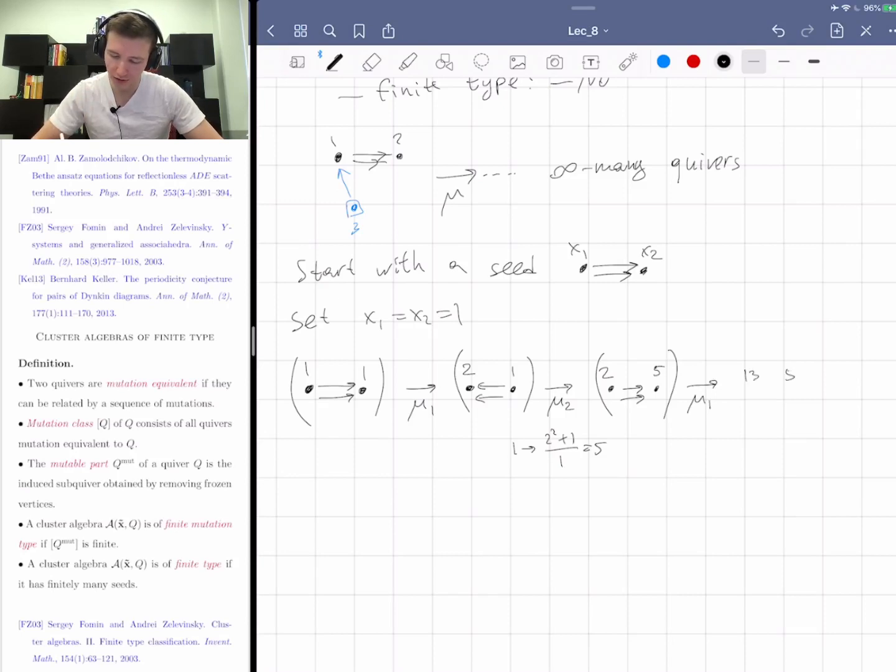13 and 5. Nice. What's the next one? Okay, 13 and 34, looking like Fibonacci numbers. Okay, that's interesting.